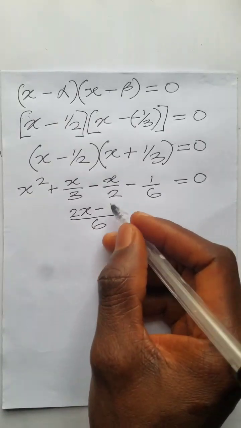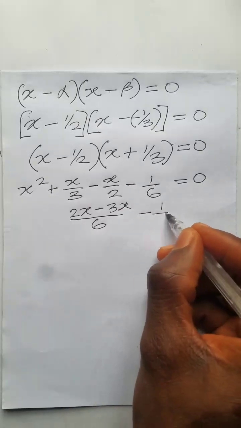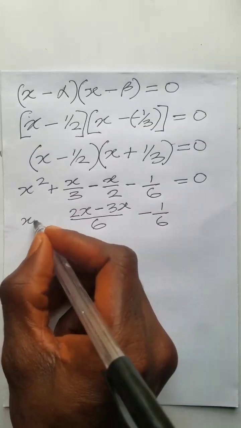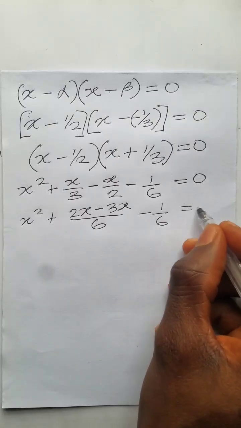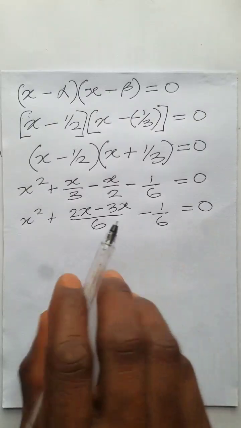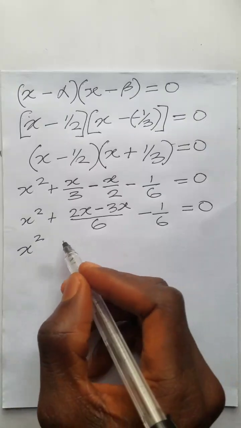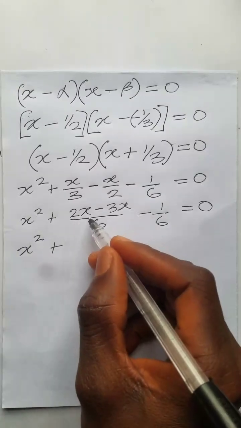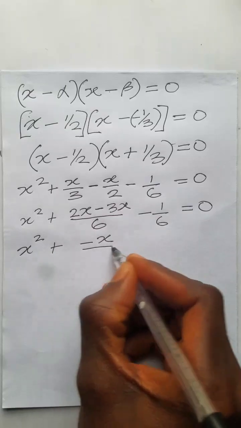2 into 6 is 3. 3 times x is 3x. Our minus 1 over 6 is here, and x squared is here. And that becomes what? Still 0. So let's solve this part. This is x squared plus 2x minus 3x is what? Minus x.